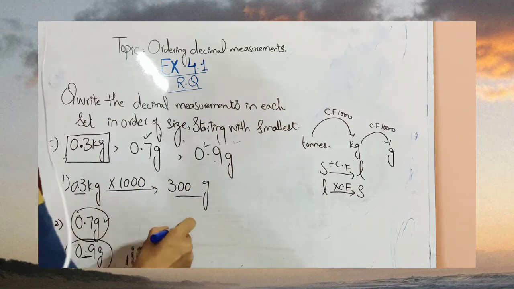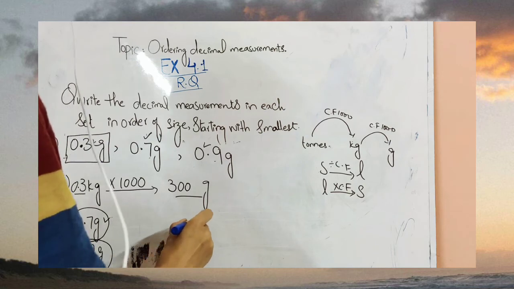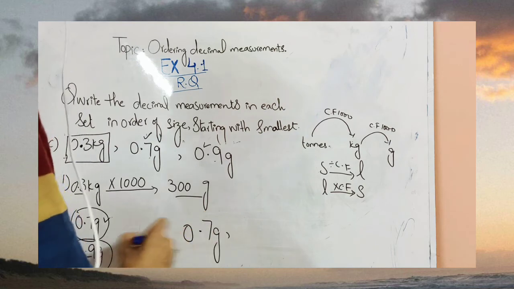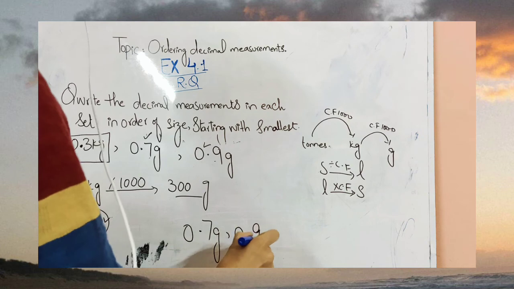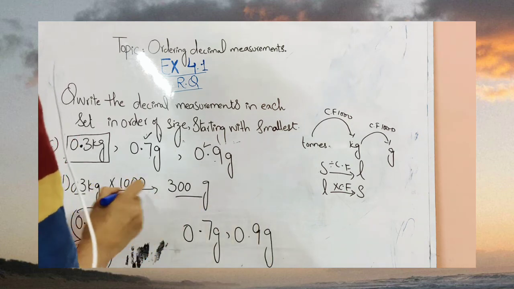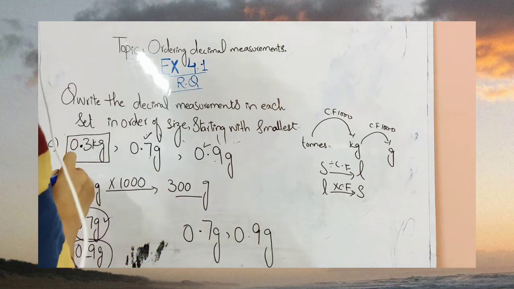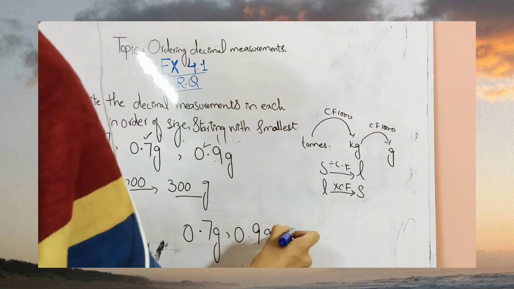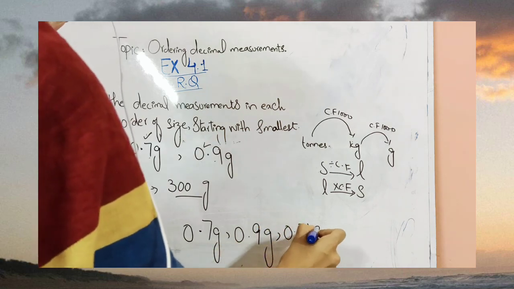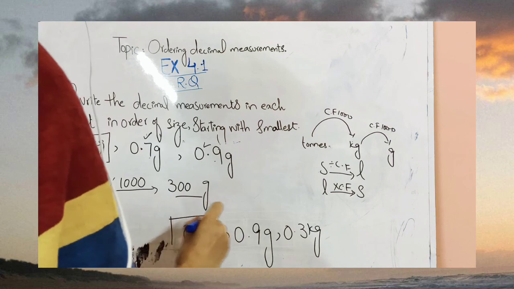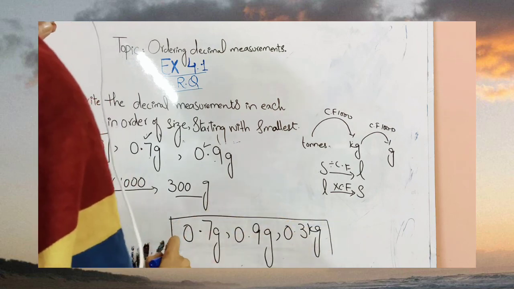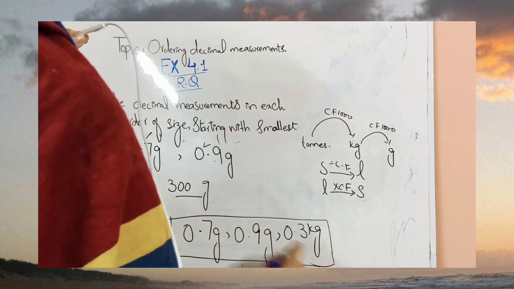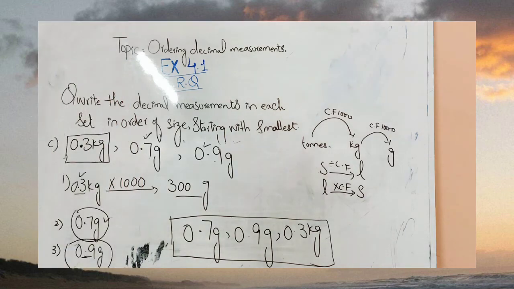So 0.7 is the smallest, then 0.9 gram, and then 300 gram. But what is the actual value? This is 0.3 kg. In this way, we can order our measurements from smallest to largest.